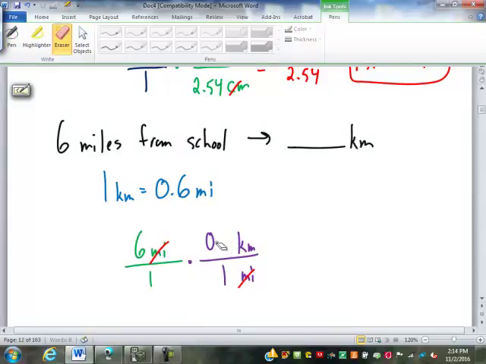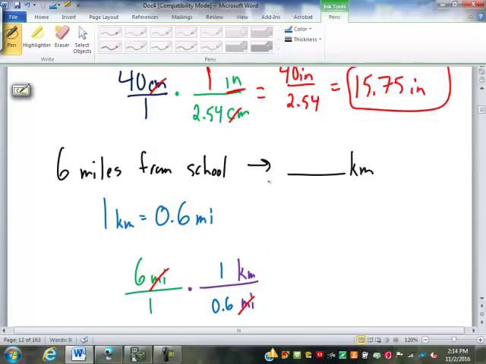Oops, I did that wrong. Actually, this one I did backwards anyway. I gave the wrong conversion. That's okay. 1 kilometer is 0.6 miles. So that's one of the few cases where the larger unit was not the 1. When we start looking at units of area and units of volume, we're always going to have the larger unit be the 1, and the other one will be whatever number it comes out to be as an equivalent.